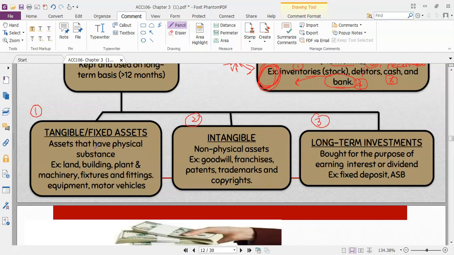Yang pertama as tangible. Tangible means that the asset that has physical substance. Physical substance tu apa maksud dia? For example, land, building, plant and machinery, fixtures and fitting equipment and motor vehicles. Kalau intangible, dia non-physical asset. For example, goodwill, franchise, patent, trademark, copyright.